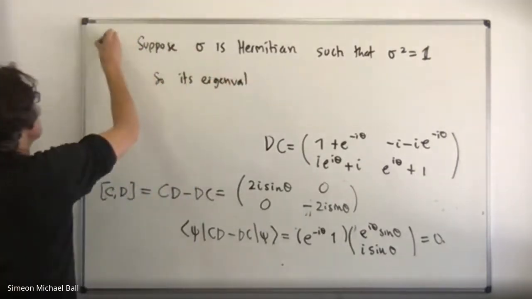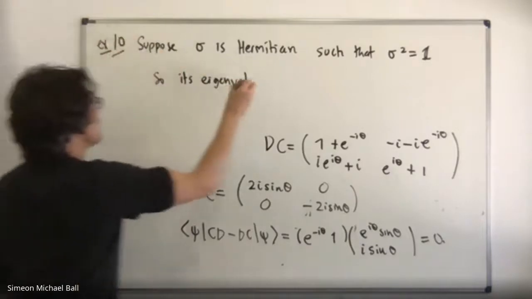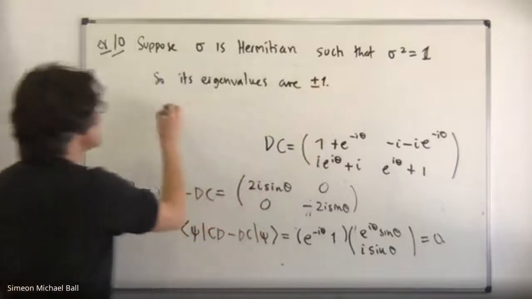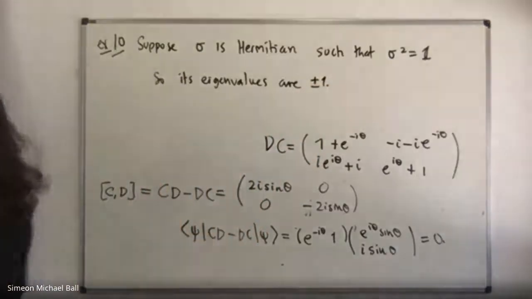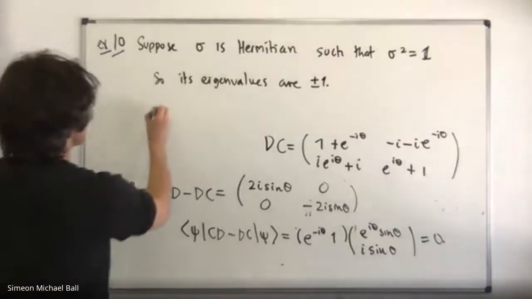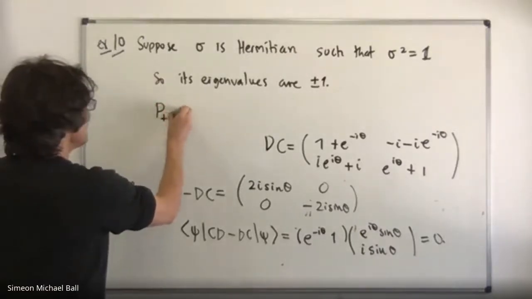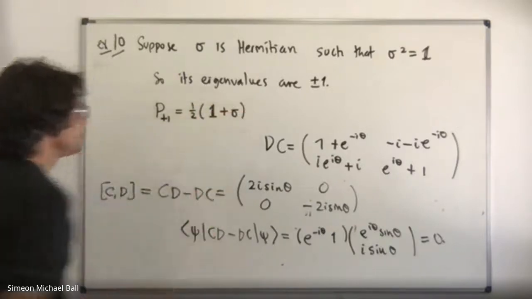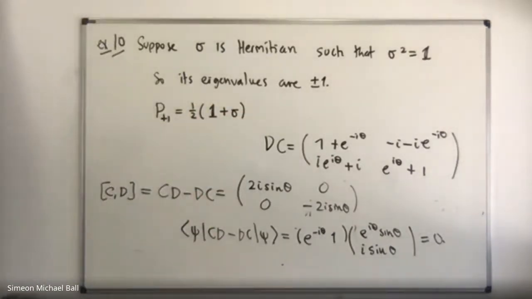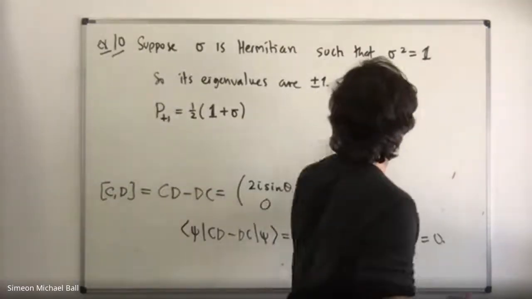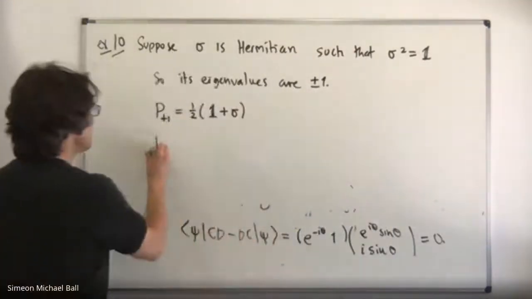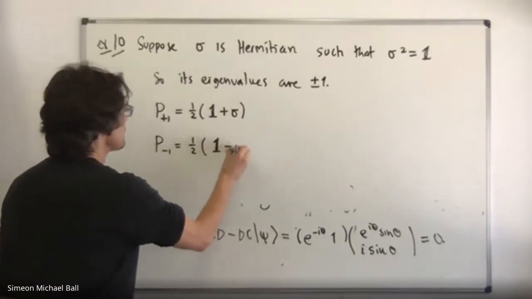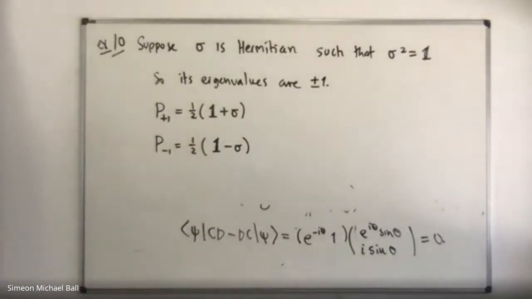So this is about exercise 10 really. The eigenvalues are plus or minus 1. So what are the projectors? The plus 1 projector is 1/2 (I plus sigma). And the projector onto the minus 1 eigenspace is 1/2 (I minus sigma).